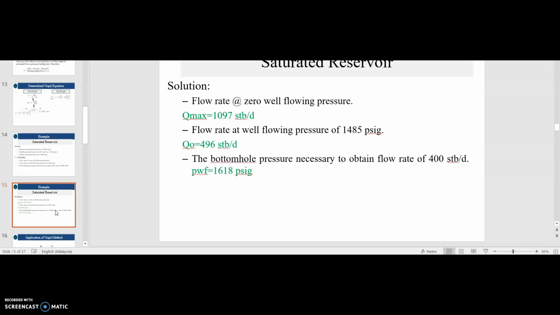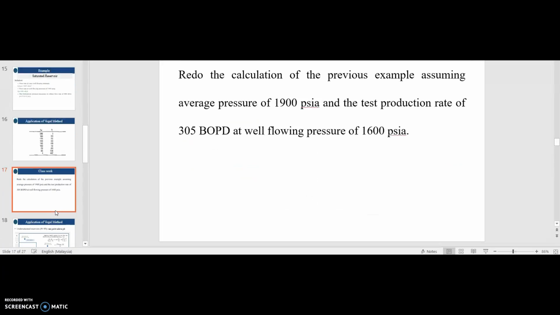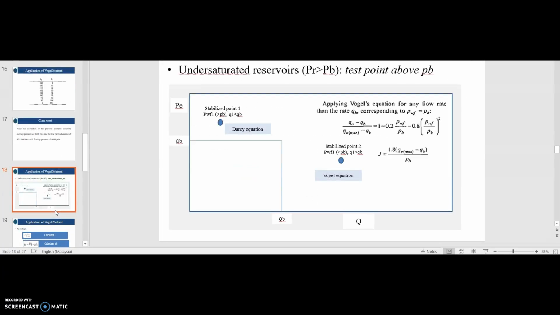And same for calculating the well flowing pressure, we have been given the flow rate, so we can just solve for PWF. We get a PWF of 1680 psi.